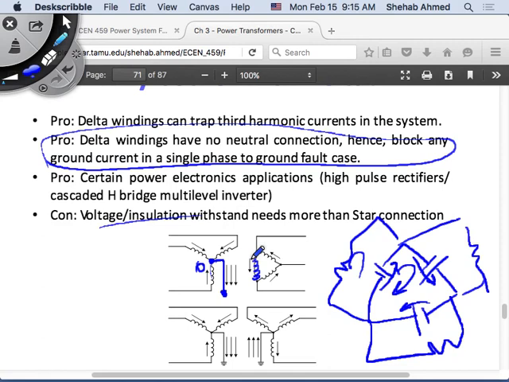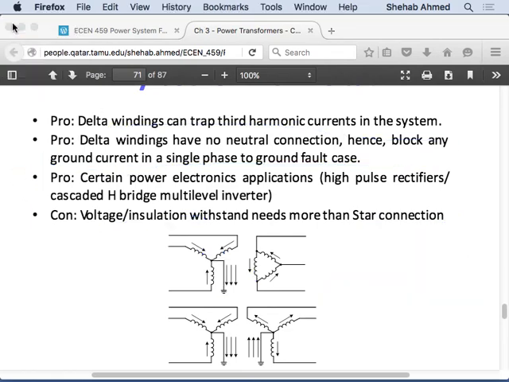So anything that happens, you may see full voltage across the windings, right? Here, there's a 0 voltage close to these turns, and these turns, and these turns. So the insulation required for a delta is typically more. That's a disadvantage. The other 2 we will talk more about when we talk about protection. It will be more clear for you.